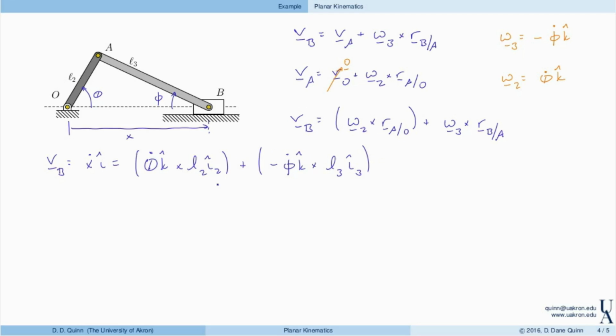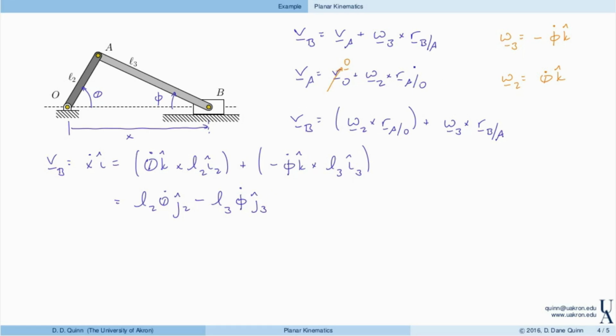And so this reduces to k cross I2 is J2, so we have L2 theta dot J2. K cross I3 is J3, so we end up with minus L3 phi dot in the J3 direction.